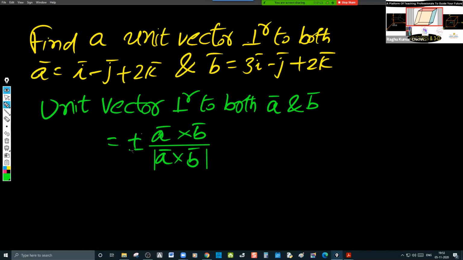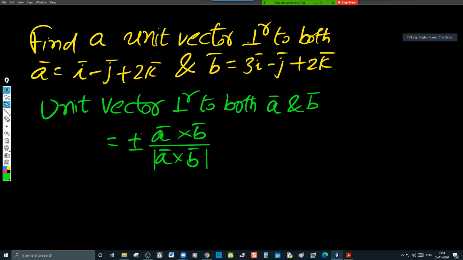Now my question to you: when will it be plus and when will it be minus? It will be plus when it is taken in the right-handed system, and minus when it is taken in the left-handed system. Plus will be above the plane and minus will be below the plane containing A bar and B bar.